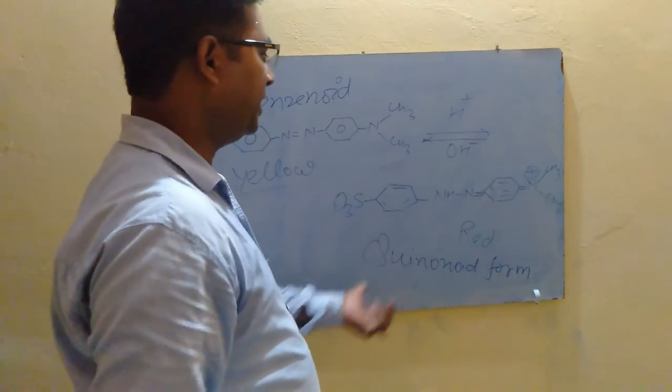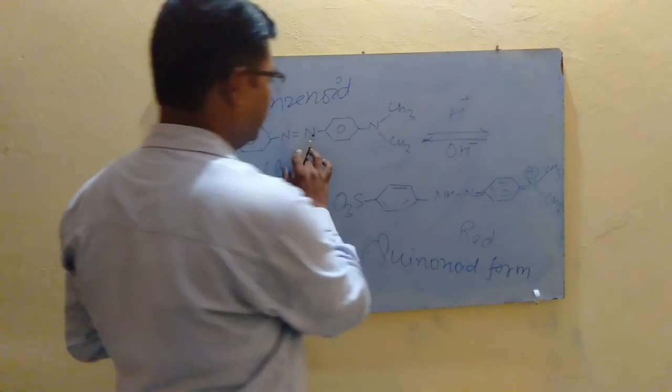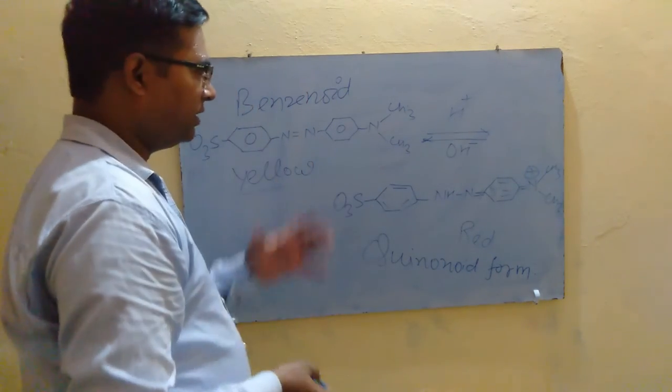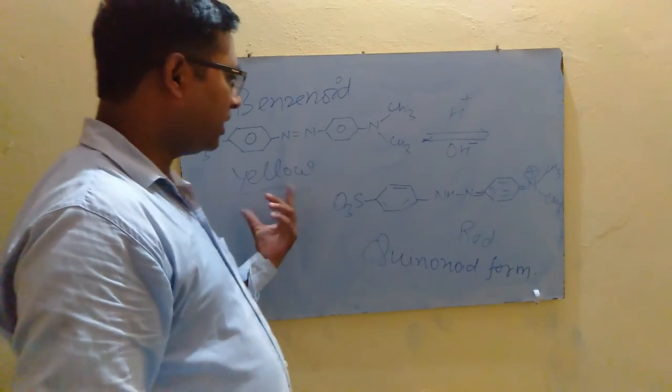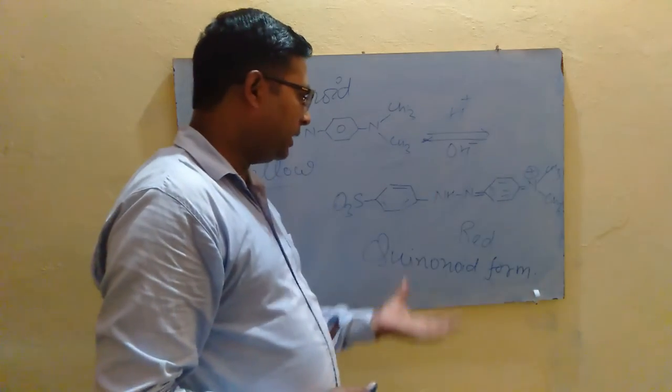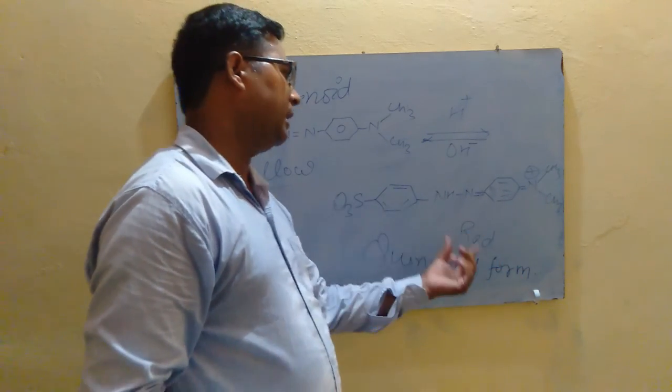Quinonoid form of indicator exists in acidic medium, and benzenoid form of the indicator exists in basic medium. So when the medium of the solution is basic, it is yellow in color, and in acidic medium it exists in quinonoid form, and therefore its color is red.